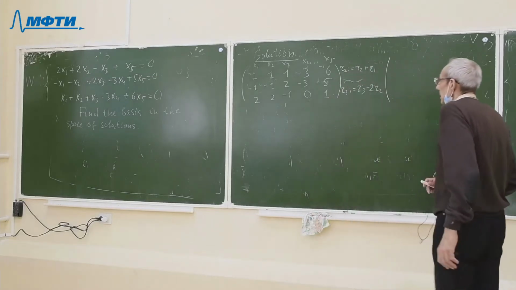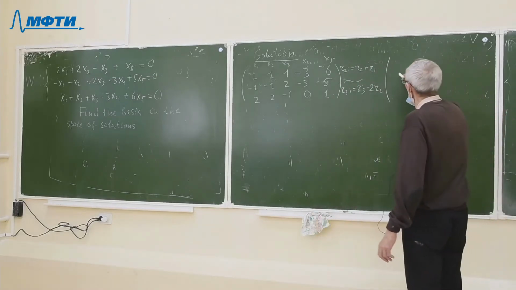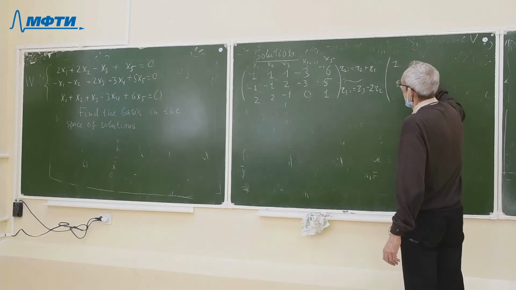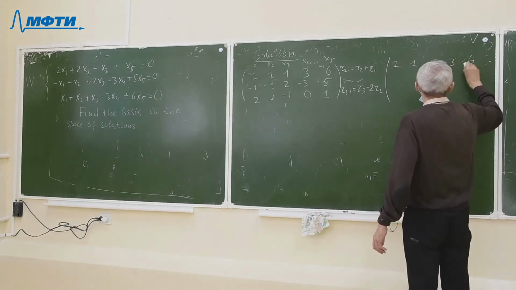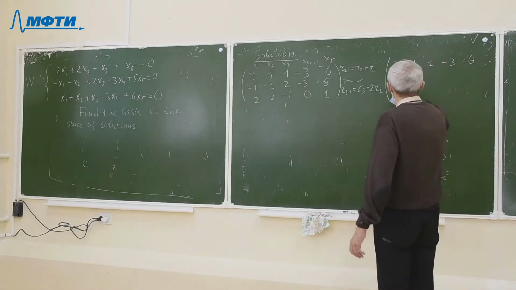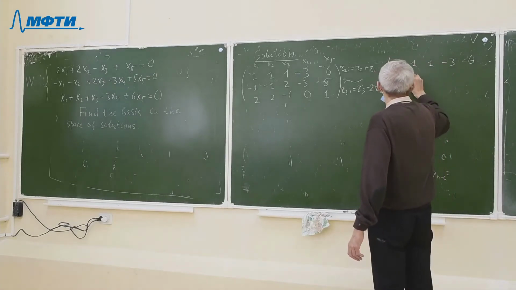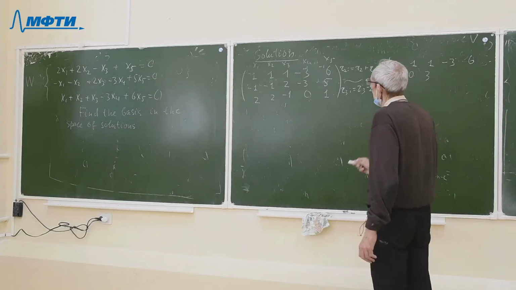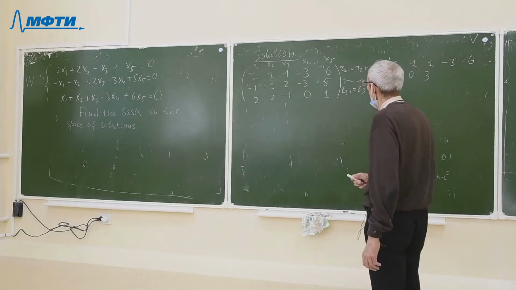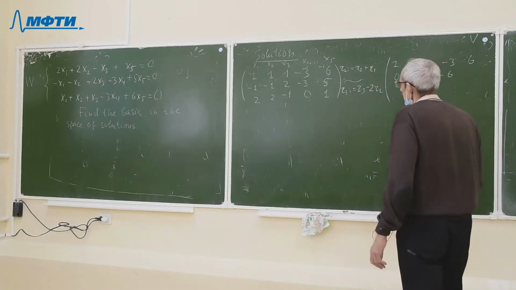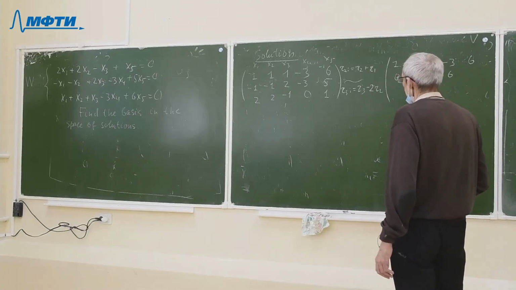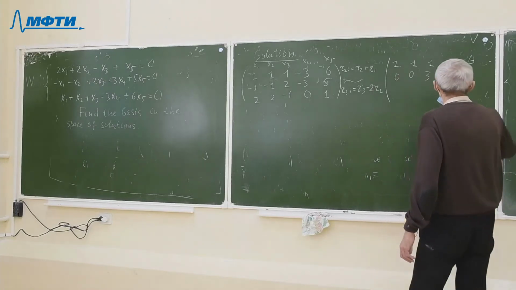I rewrite the first row: 1, 1, 1, minus 3, 6. Then 0, 0, 3, minus 6, and 11.